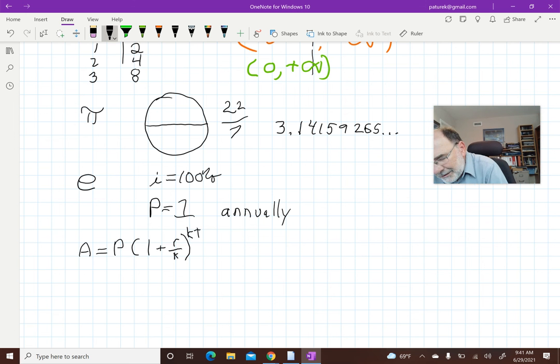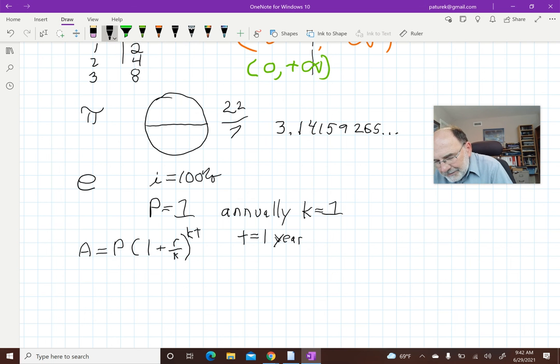Okay, so what we're going to do is for annually, the time will be equal to 1 year. The compounding rate, when it's annually, that's what annually means. It means you're only going to compound it once per year. Okay, so k is equal to 1.